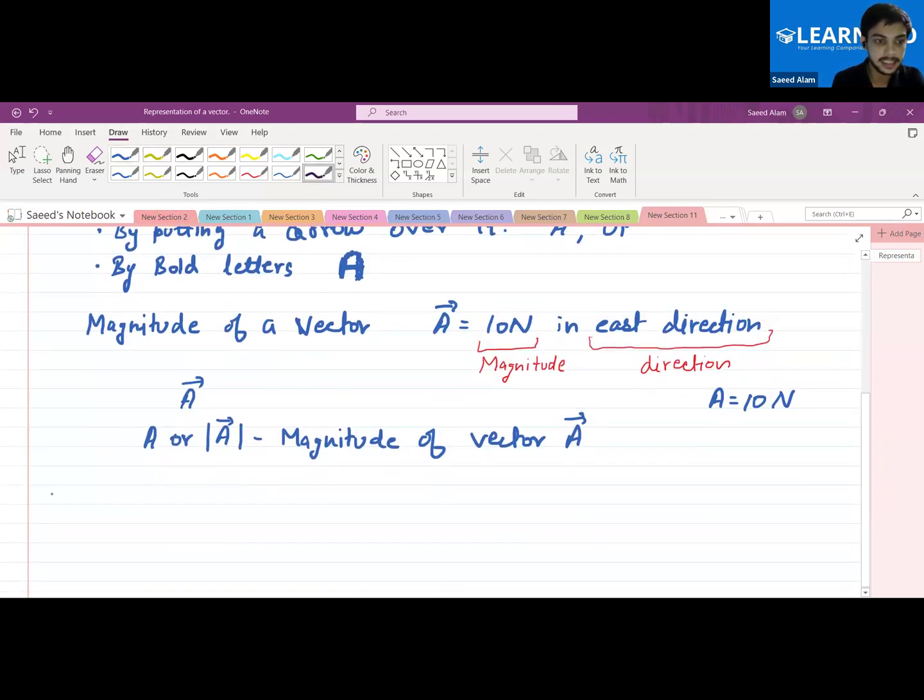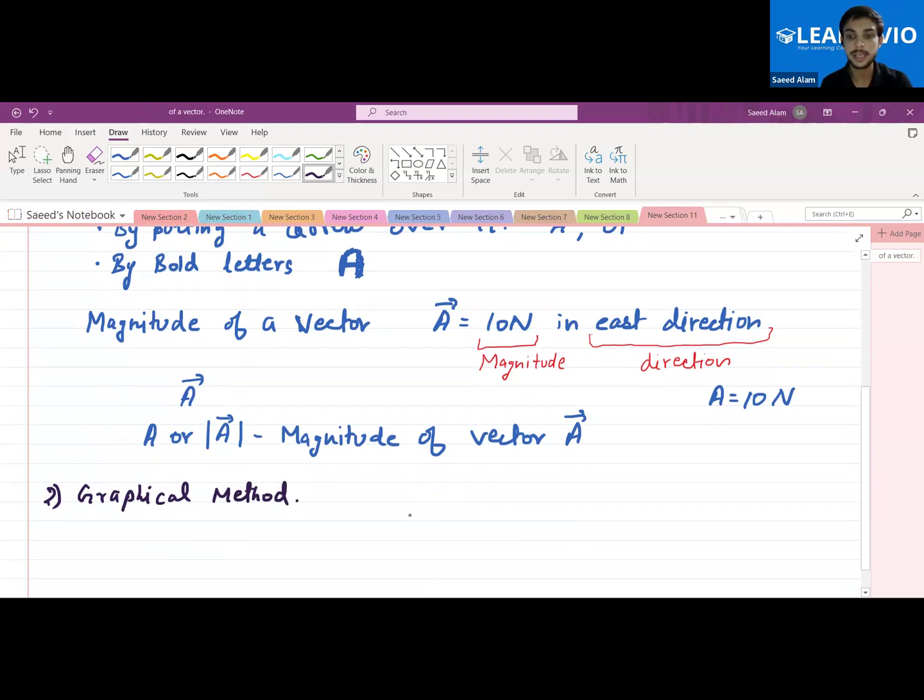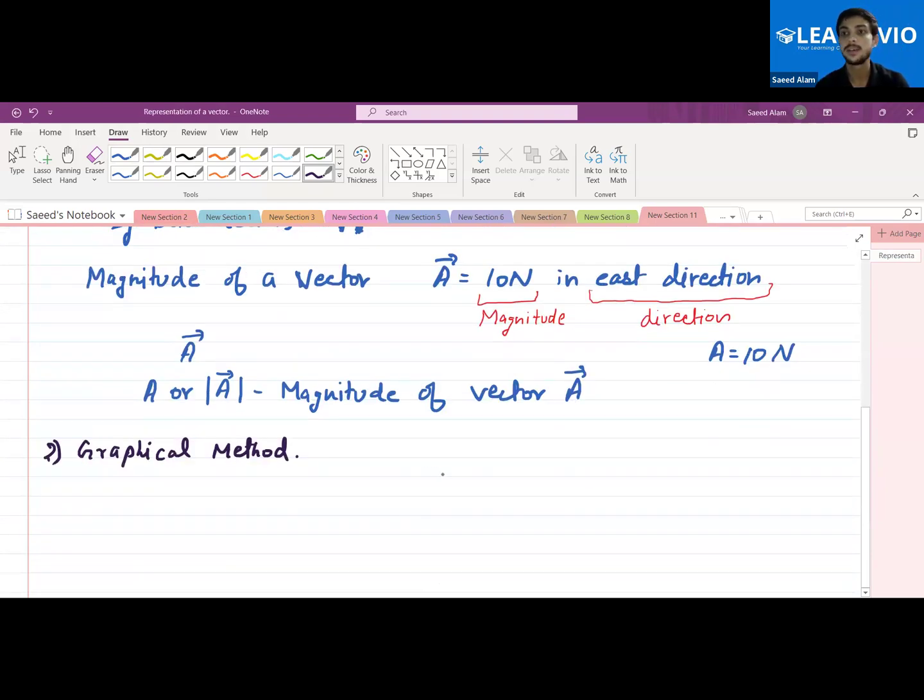The second thing that we are going to do here, after the analytical method, is the graphical method. What do we mean by the graphical method? Now we are no more concerned about the letters or the writing part.